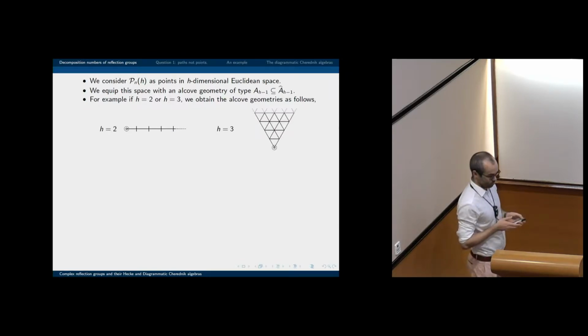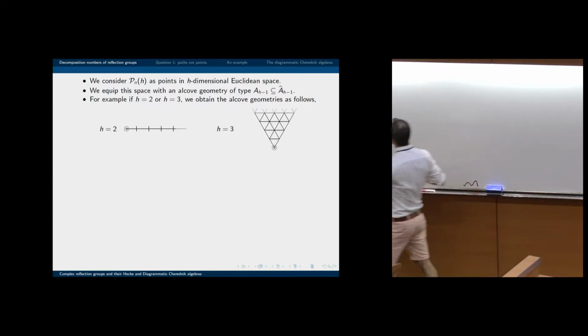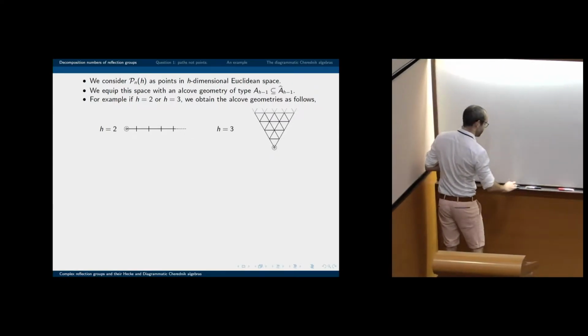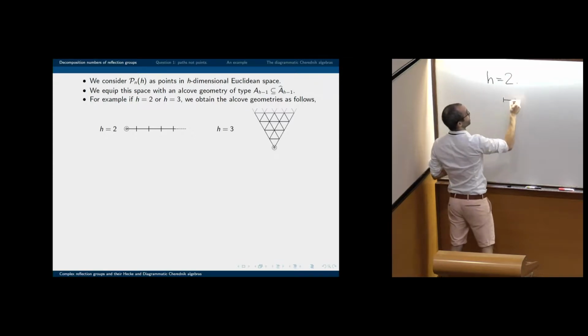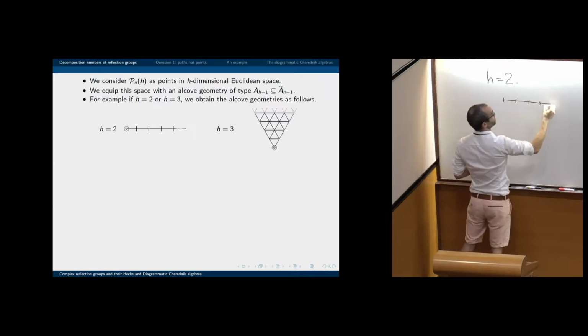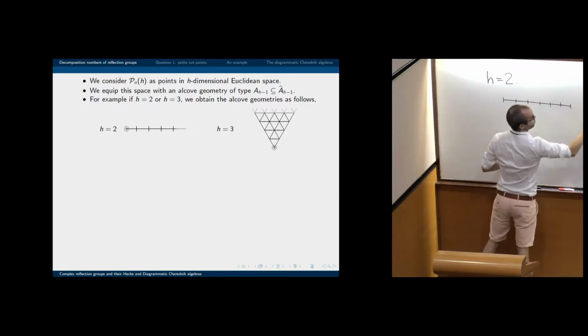So, for example, if h is 2, we're very familiar with the idea that representations of SL2 are indexed by natural numbers.